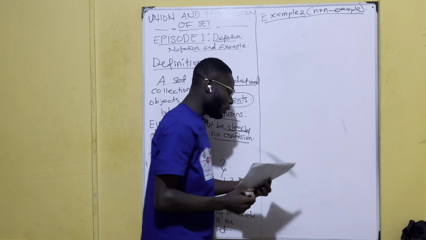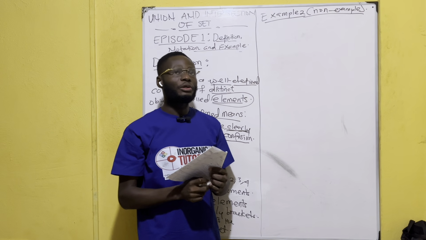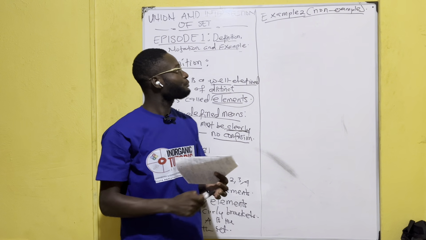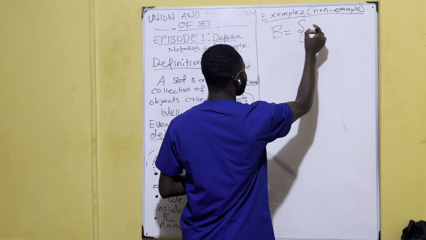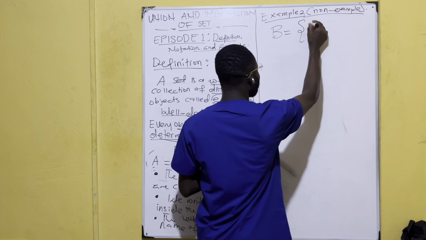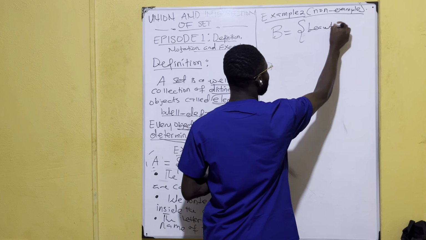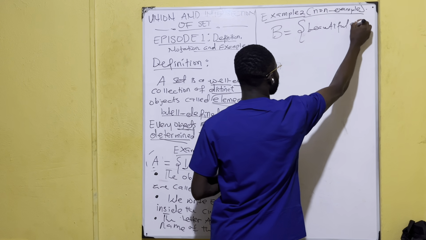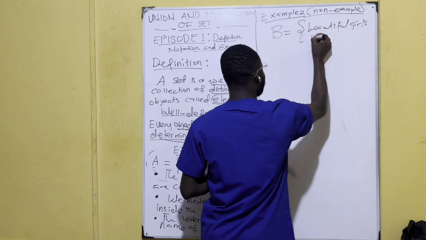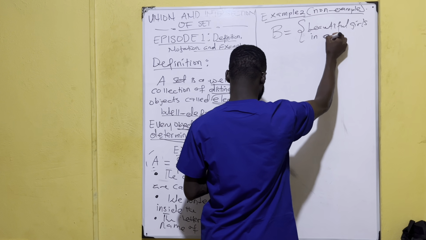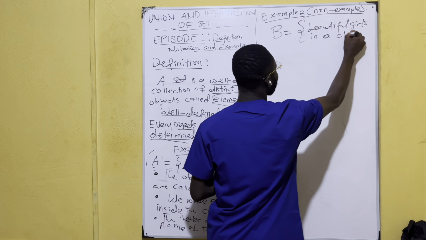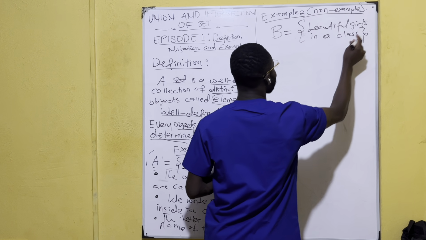I'm going to give you a very simple example: B equals beautiful girls in a class. So that is the set name.